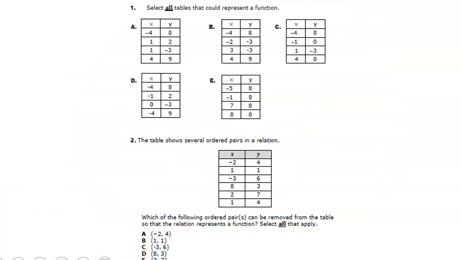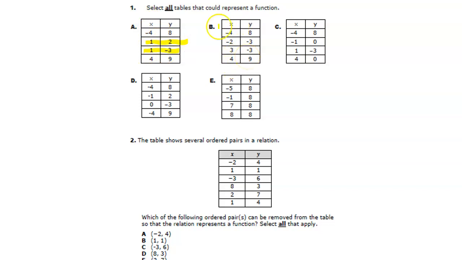All right, so let's go and start with number 1. Select all tables that could represent a function. So hopefully you remember that for a table to represent a function, the x values cannot repeat. So you need to go through each one checking those x values. So A has 1, 2, and 1, -3.